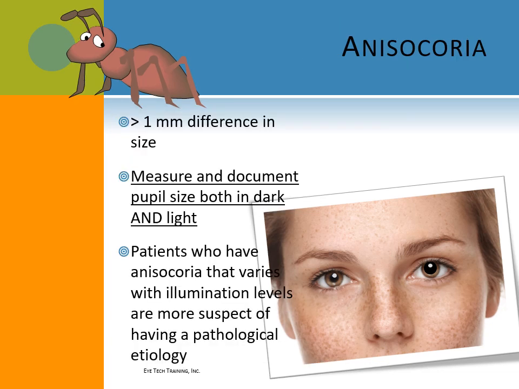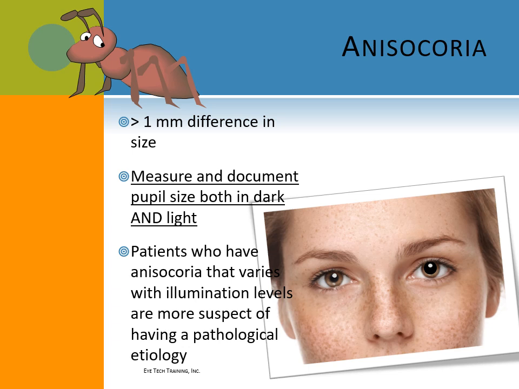If you see an anisocoria, measure and document the pupil size both in dark and in light. You'll document these on the chart as scotopic, which is in the dark, and photopic sized pupils, which is in the light.